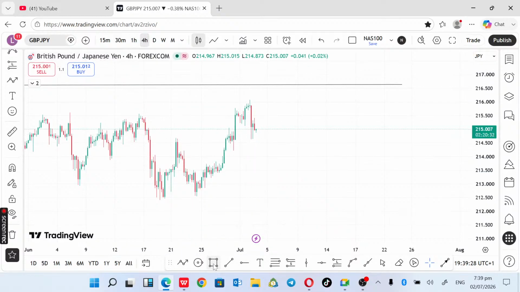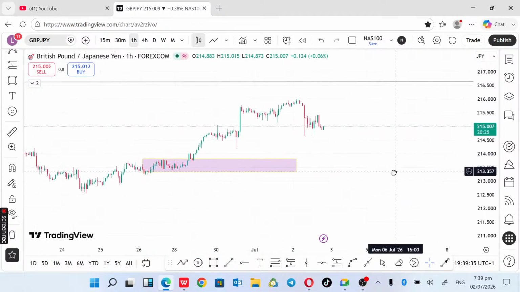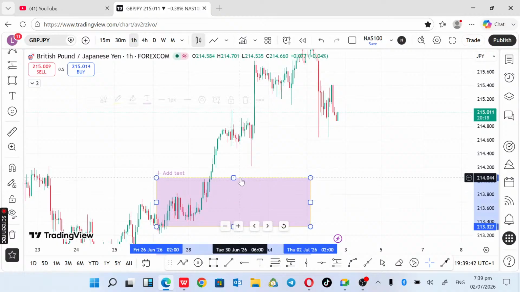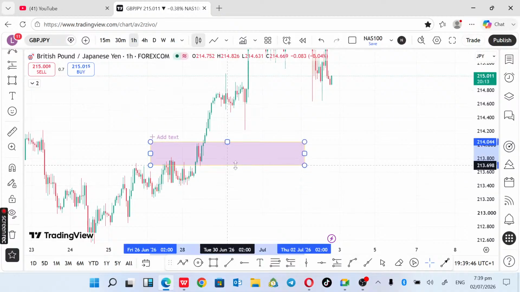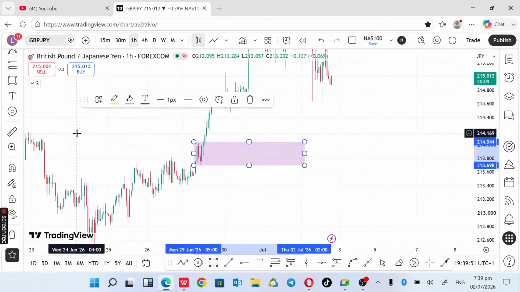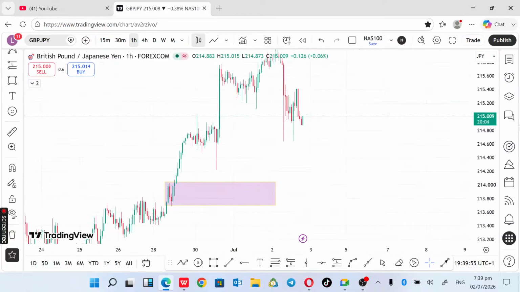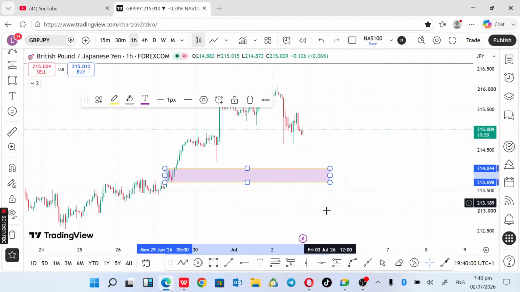I think there's an entry here, but let me confirm from 1 hour. Okay, this is an entry on 1 hour. So we could look into this entry level for GBP JPY on 1 hour.